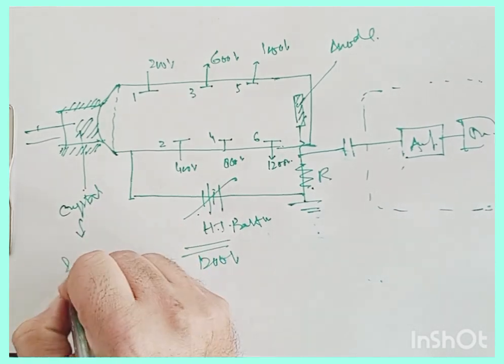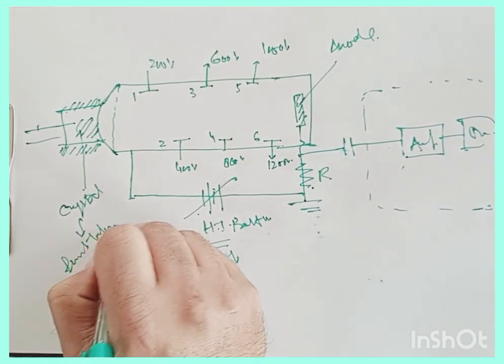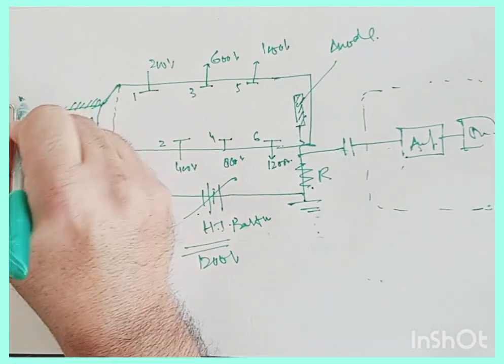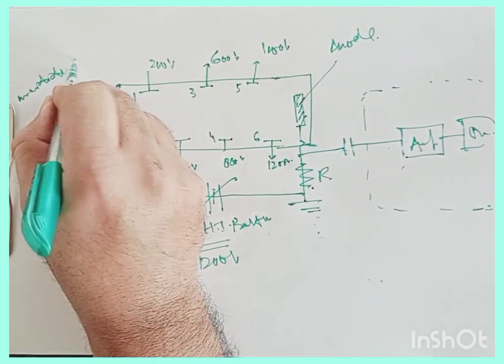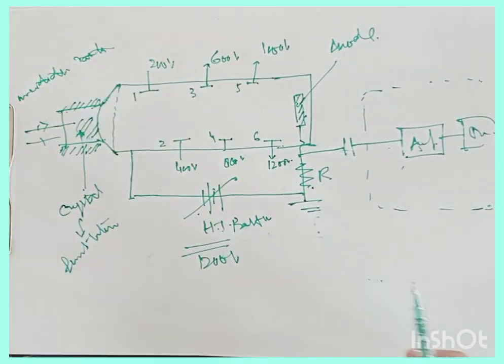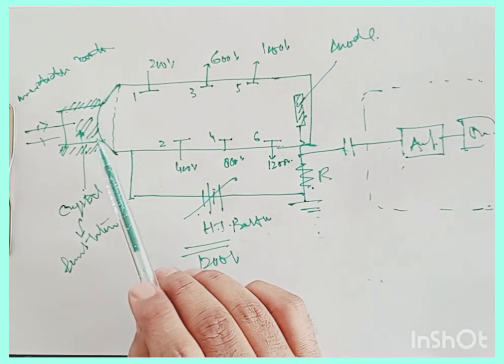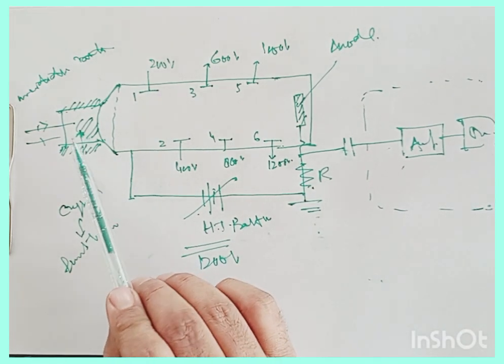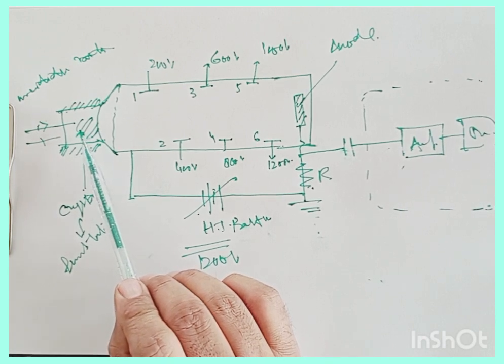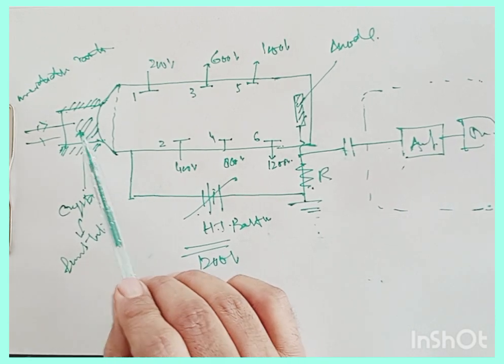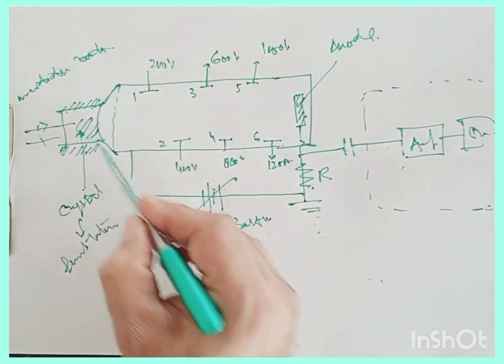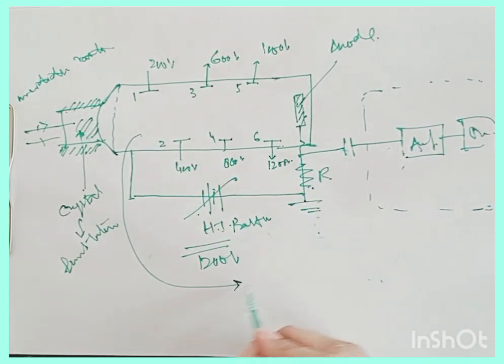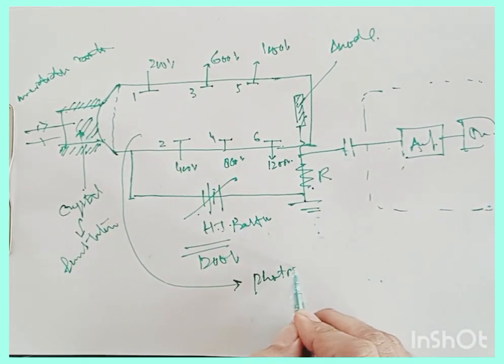Incident radiation will come from this direction. Now this is the rough diagram of the scintillation counter, and we have to make sure that we use a suitable scintillator. This scintillator crystal is connected to this tube, and this tube is called the photomultiplier tube.